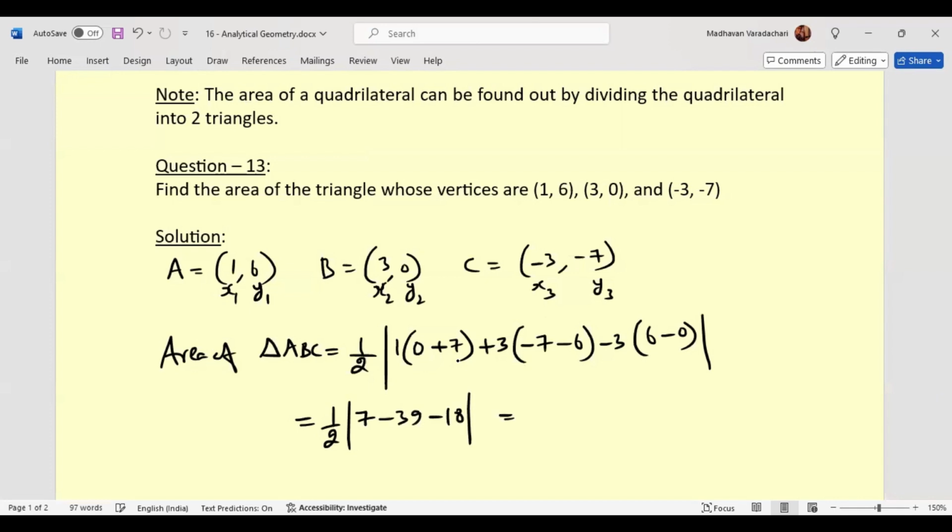So this will become 1/2 times modulus of minus 57, 7 minus 57, which is negative 50. Modulus of negative 50 becomes positive 50, divided by 2. So the result is 25 square units.